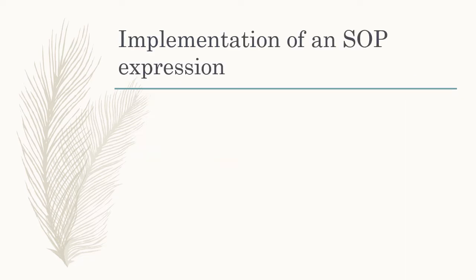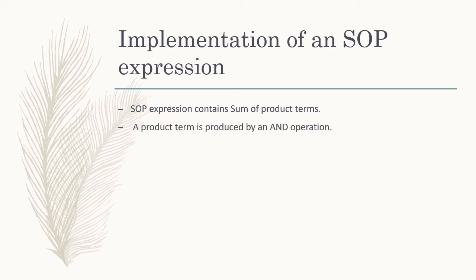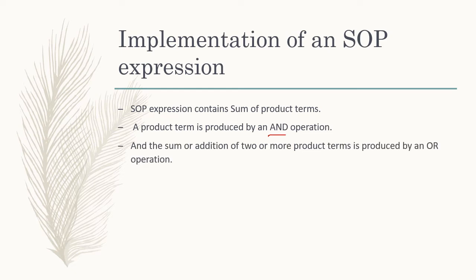Now let us see the implementation of an SOP expression. As I told you, an SOP expression contains a sum of product terms, and a product term is produced by an AND operation. We know that because we have already gone through the basic gates. Whenever there is a product, it can be represented by the AND gate, and if there is a sum, it is represented by the OR gate.